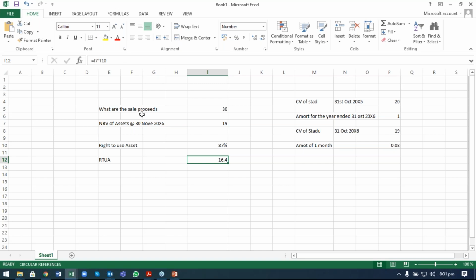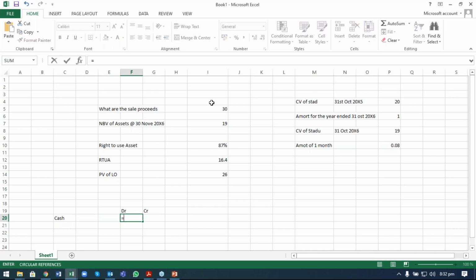Now you need to make a double entry, right? So what would be the double entry? The present value of the lease obligation would be 26 million. So I have all the information available. I need to make a debit and a credit entry. Debit should be the cash you have received for the disposal of that asset.